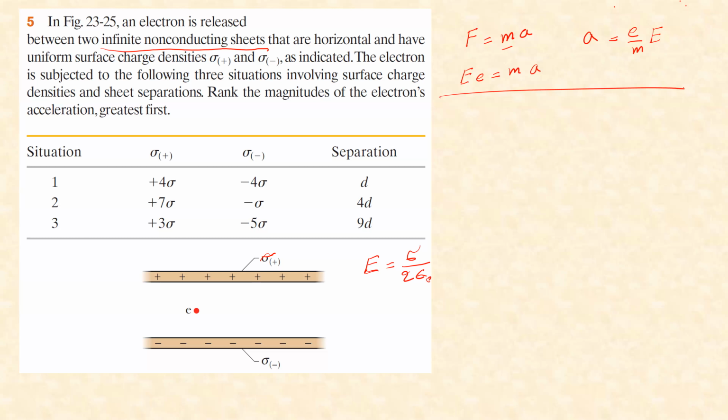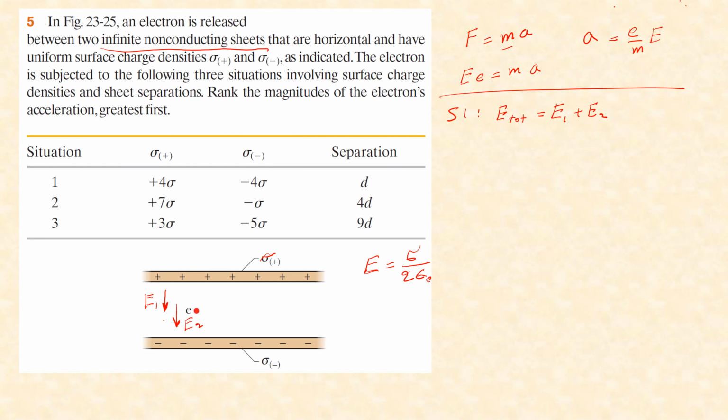So for example, in situation 1, we have two electric fields, one due to this upper sheet, let's call this E1, and another due to the other one, E2. E total is equal to E1 plus E2 because they are both in the same direction. E1 is away from the upper sheet, which is downward.